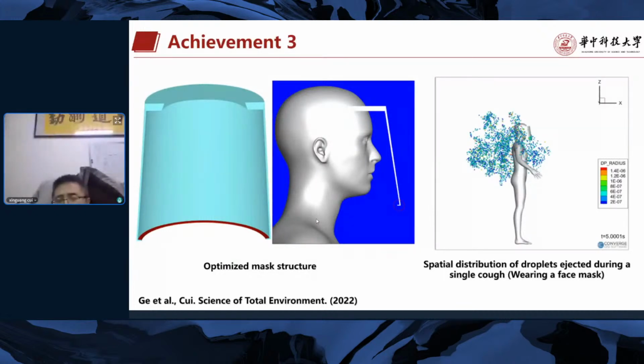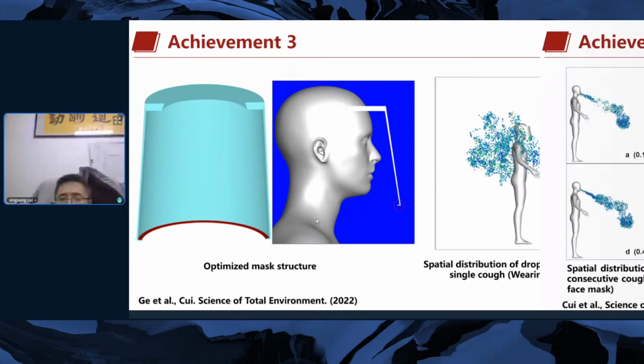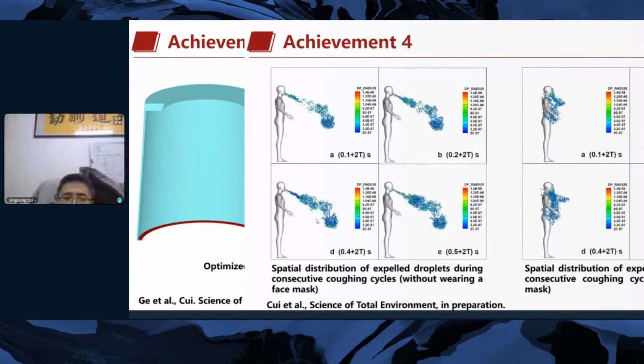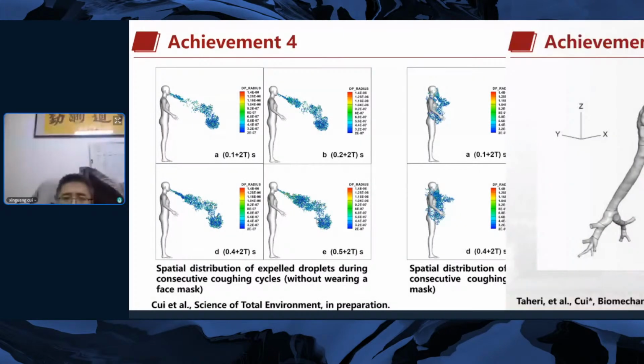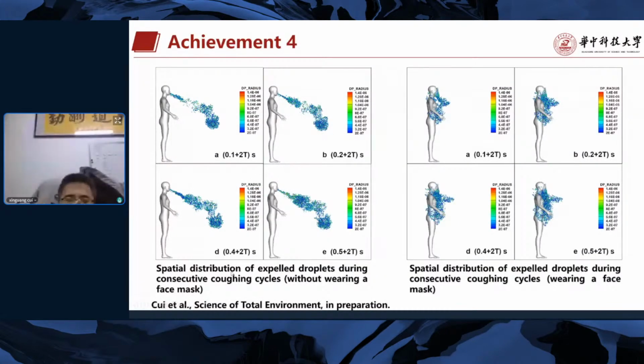But if the person doesn't wear the face mask, then it's more dangerous in the front side of the person. The mask also changes the distribution of the cough jet particles, the aerosols from the cough jet.